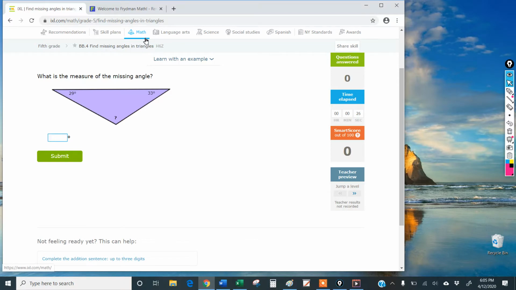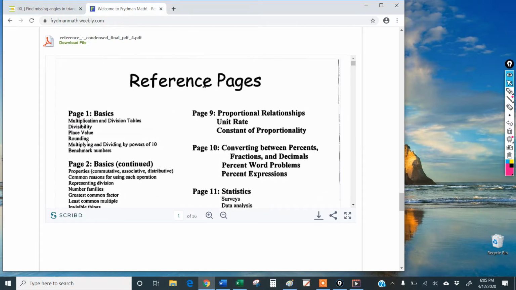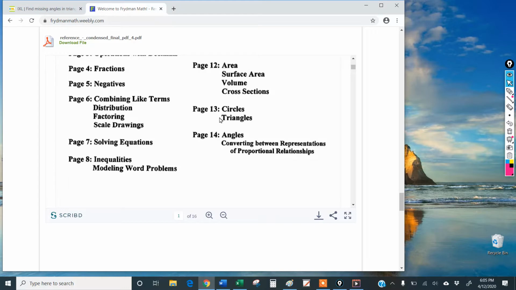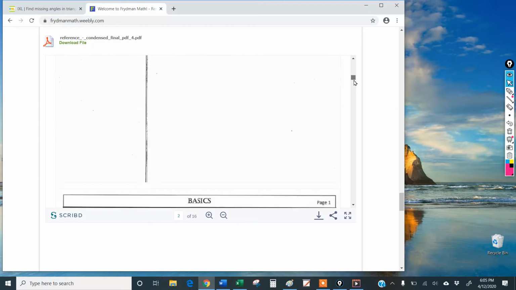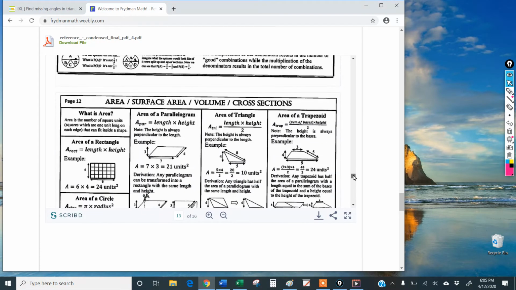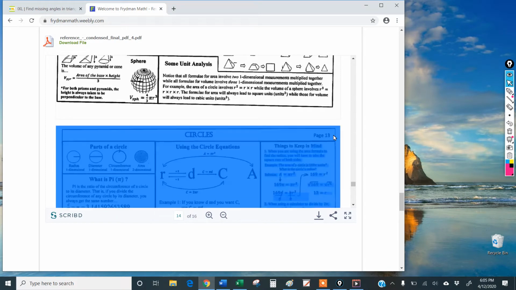Well, there's one very important piece of information that we need to know, and it is on the reference pages. It's going to be on page 13, where you'll find some interesting facts about triangles. So let's scroll down to page 13. Here we are, page 13.